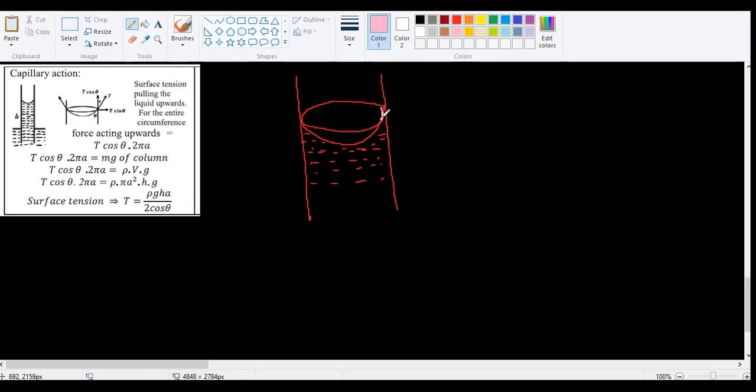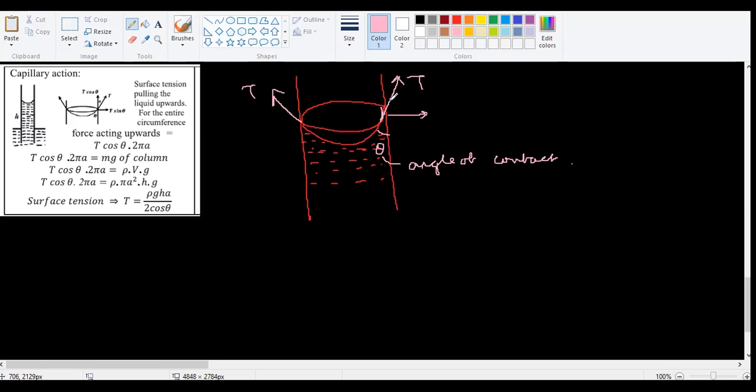So you know that there is something called surface tension. The tension is going to be acting this way. You know that this is your angle of contact. So surface tension T. I can split this into 2 components.